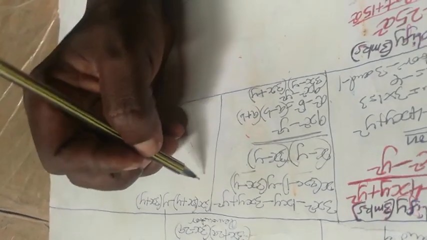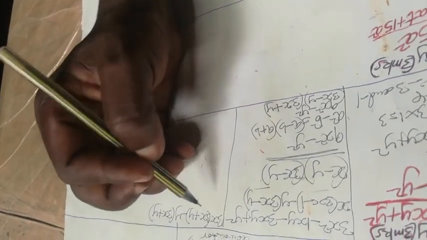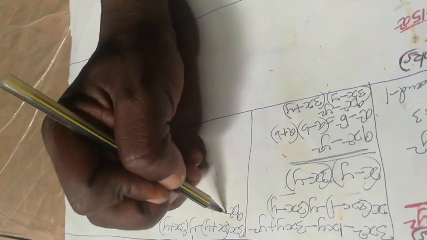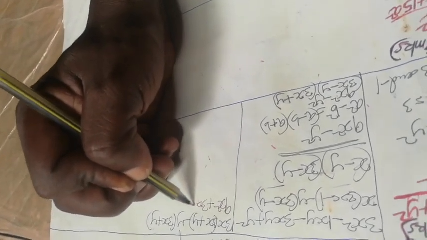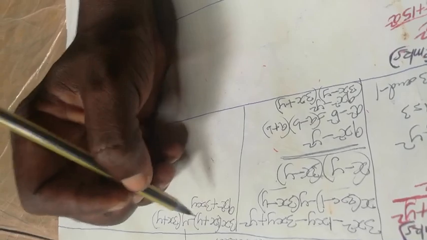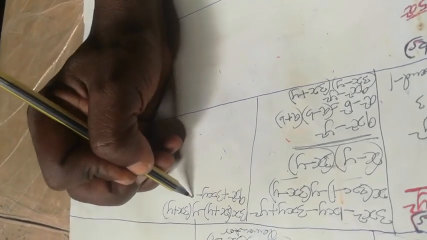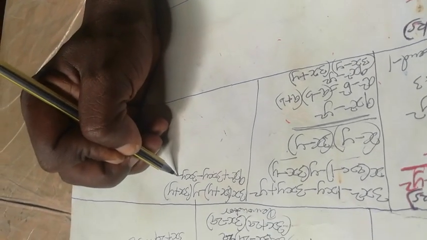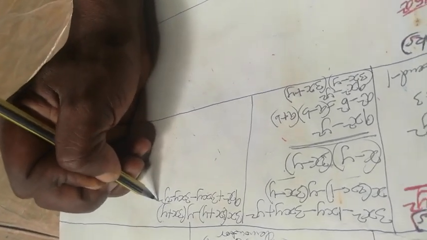This will further give us 9x squared plus 3xy minus 3xy minus y squared.